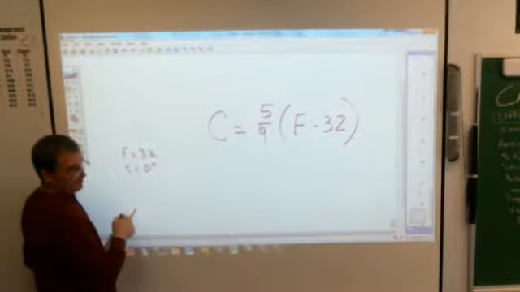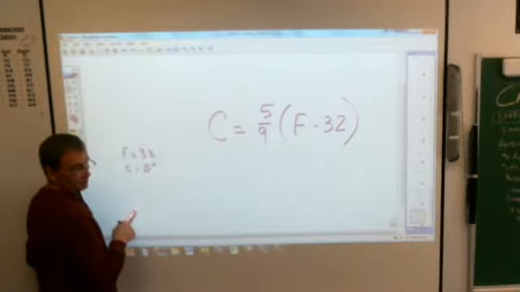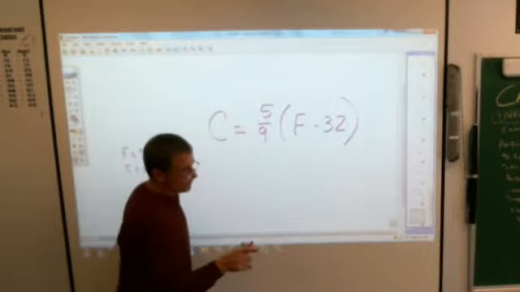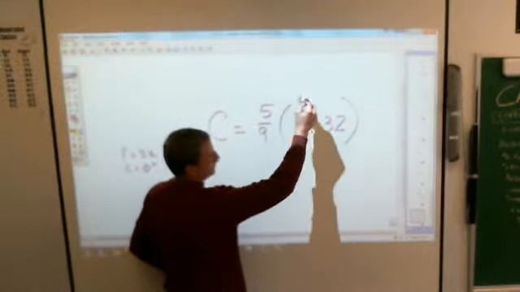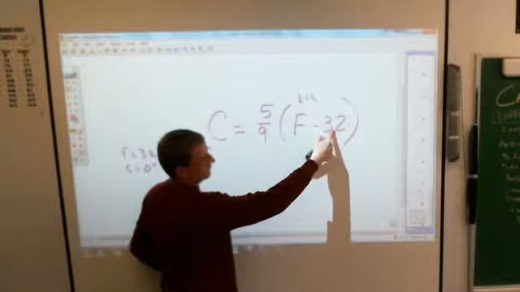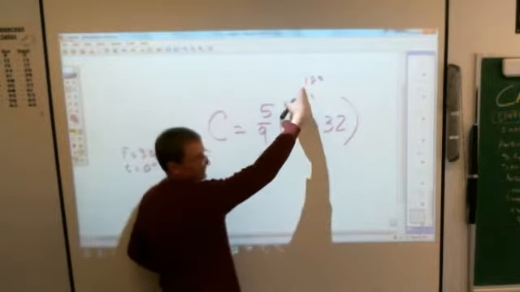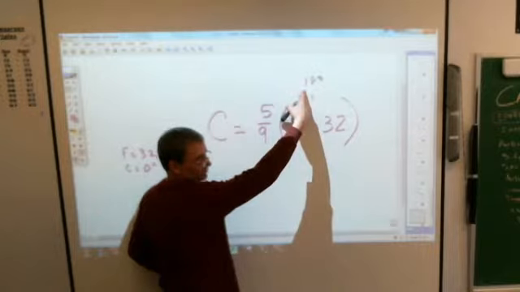Or, what other one do we know for sure? Boiling. What's boiling in Fahrenheit? 212? So if I put 212 degrees in there and subtract 32 from that, I get 180, right? 5/9 of 180 is?